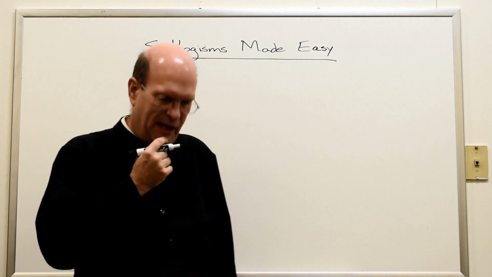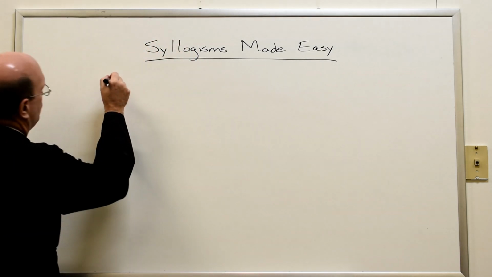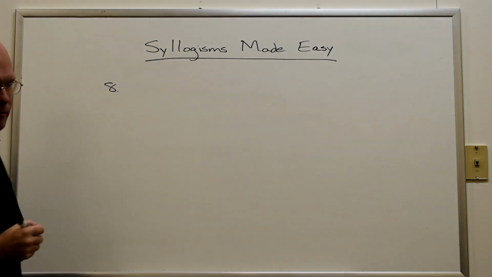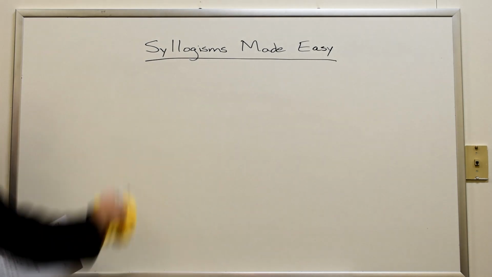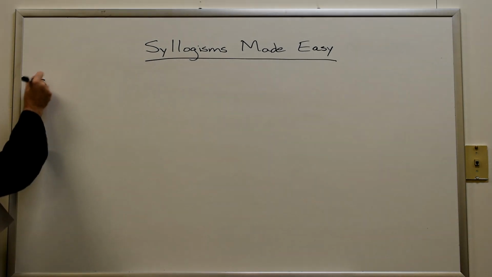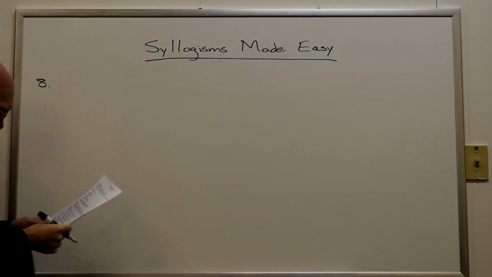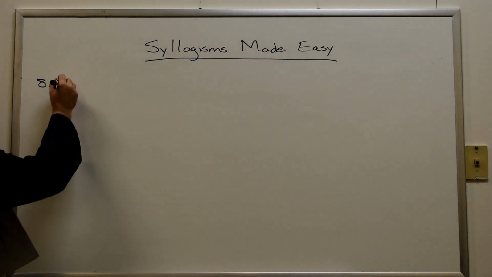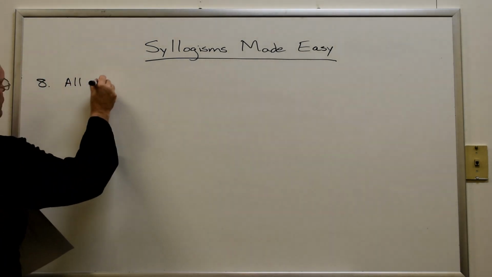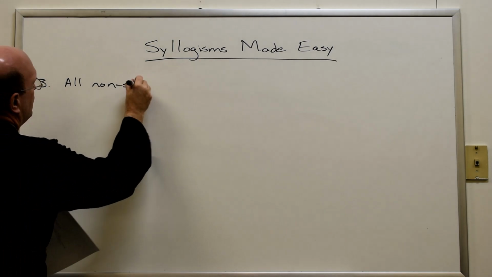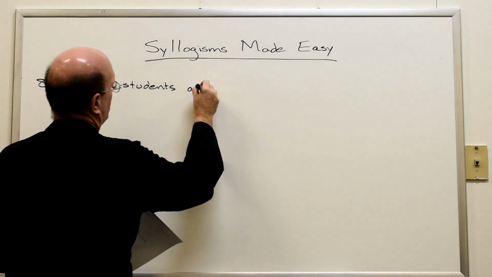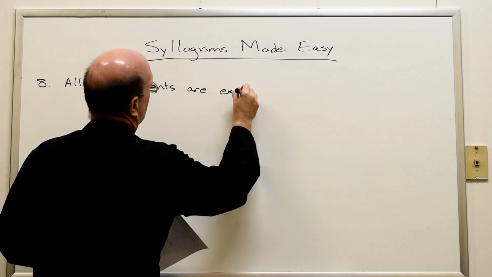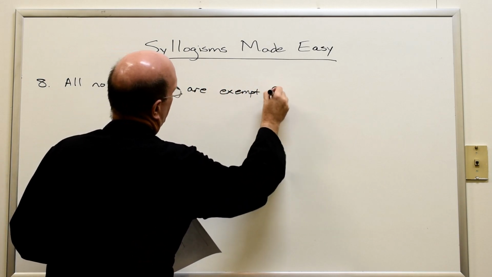And let's do one last example, and this is one where we're going to deal with multiple premises. And I hope I have enough room. In fact, let me do this. So this will be our last example. So all non-students are exempt from the test.